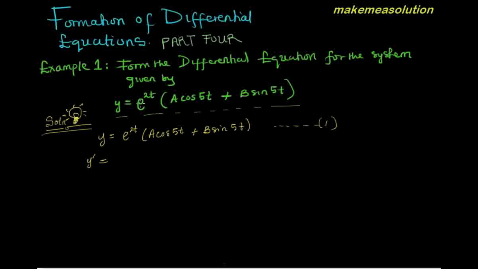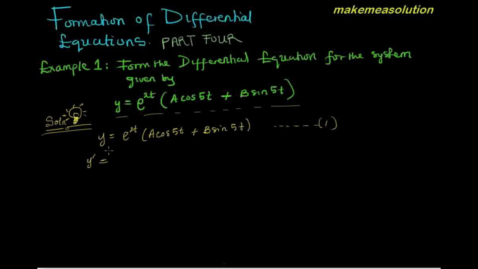The expanded form will be a e^(2t) cos 5t plus b e^(2t) sin 5t. That's the expanded form, but you should factor out the exponential term and solve it like this. Notice that the cos and the sine have the same frequency parameter, which is 5 in this case. So this is how we are going to solve this problem, for simplicity at least.